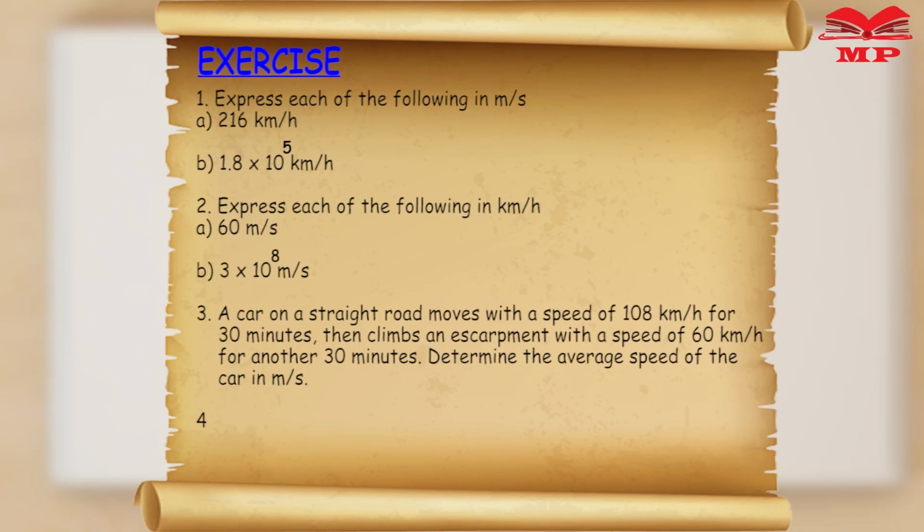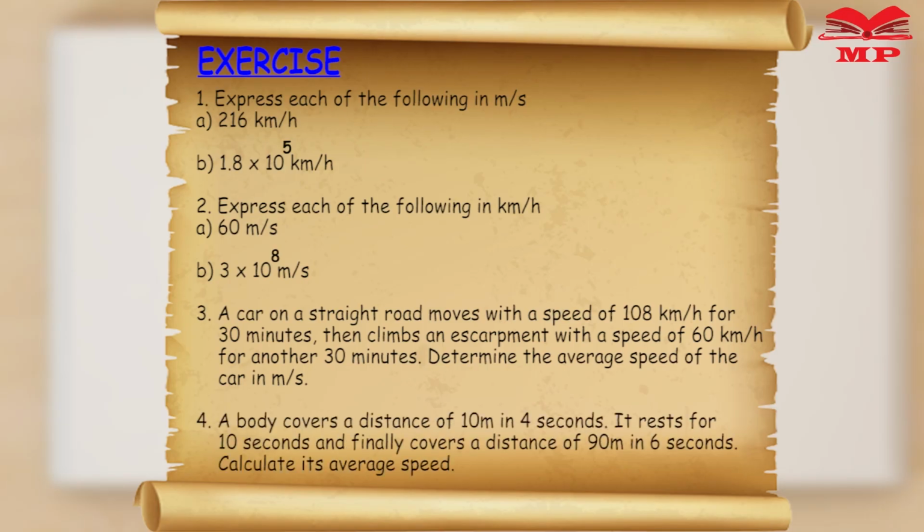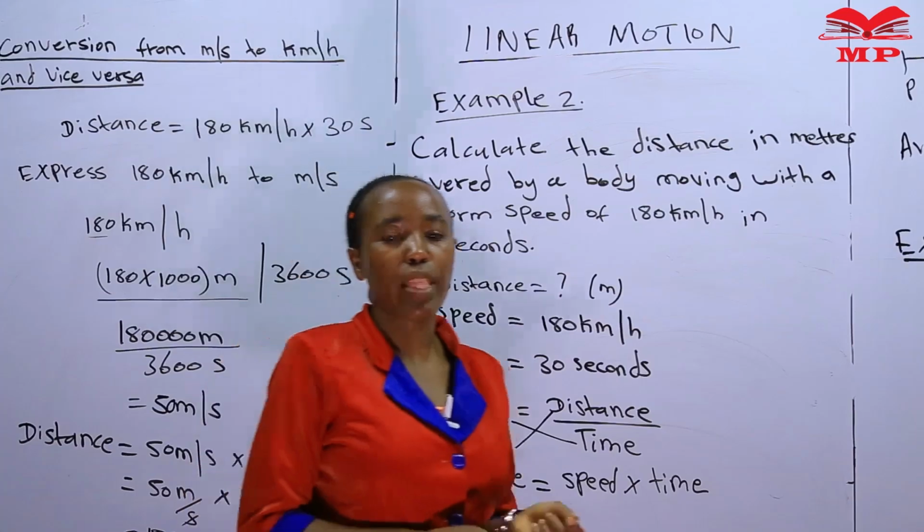And lastly, a body covers a distance of 10 meters in 4 seconds. It rests for 10 seconds and finally covers a distance of 90 meters in 6 seconds. Calculate its average speed. Ensure that you are done with that work.